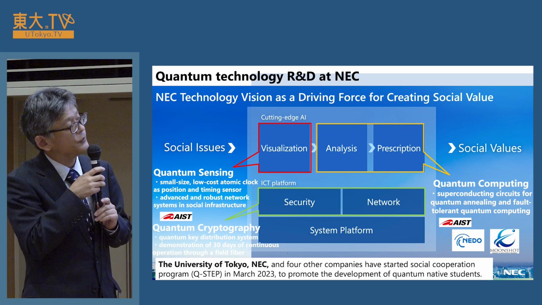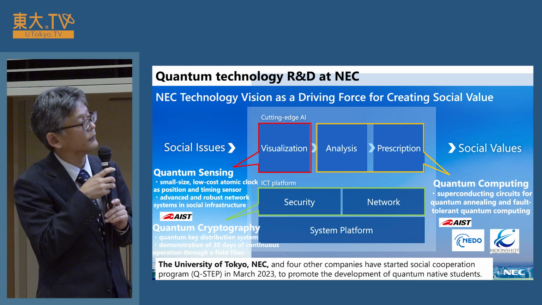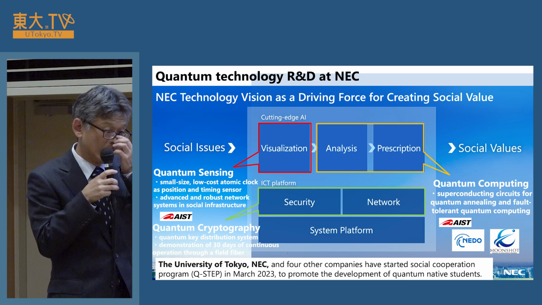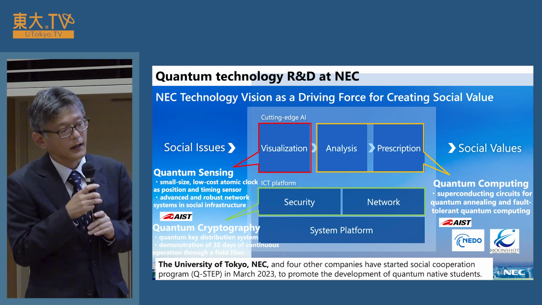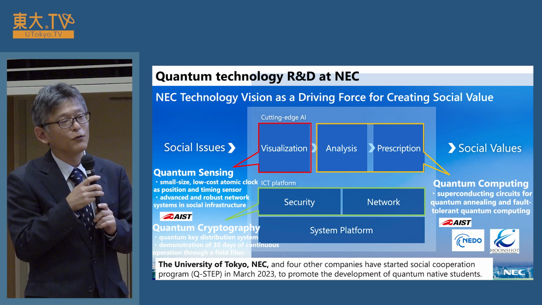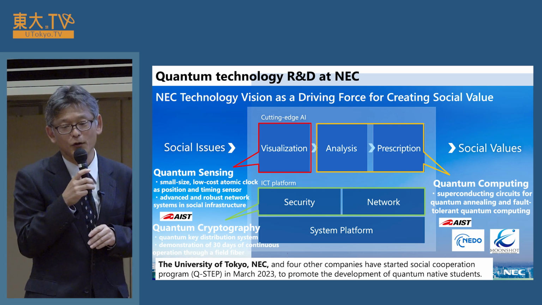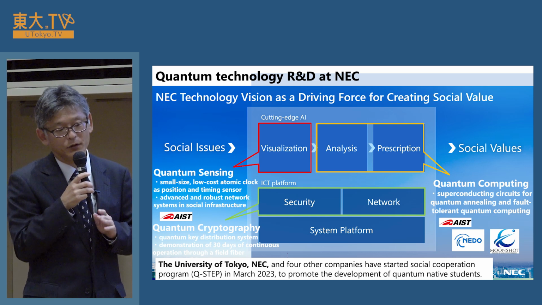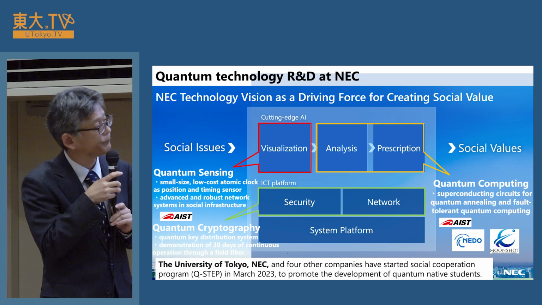And as a future long-term technology, we are also working on fault-tolerant quantum computing, aiming to enable the scale-up integration of superconducting qubits far beyond what is currently achieved, say 100 qubits.